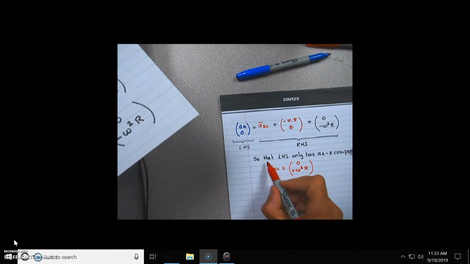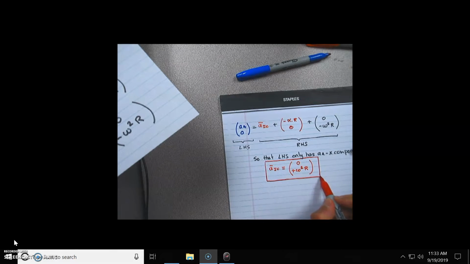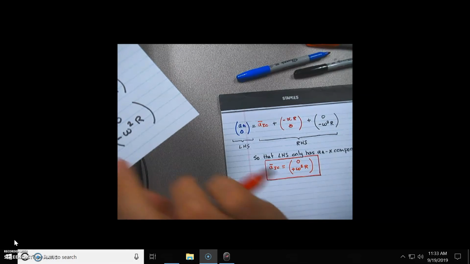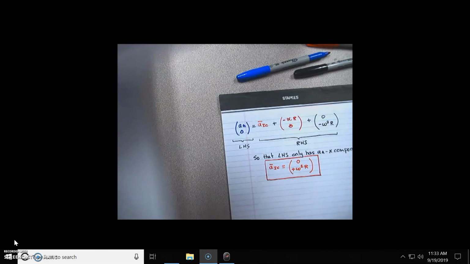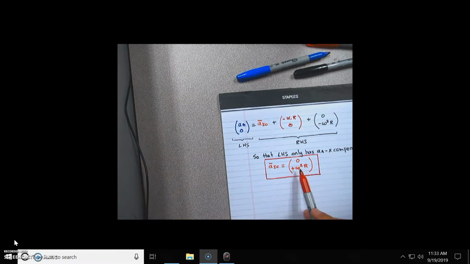Zero plus omega squared r. So an instantaneous center has zero velocity. Velocity 0. But the acceleration is not 0.